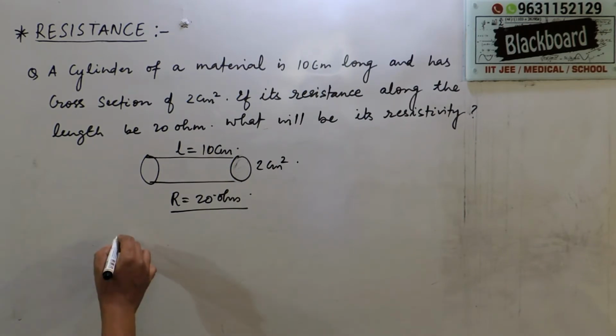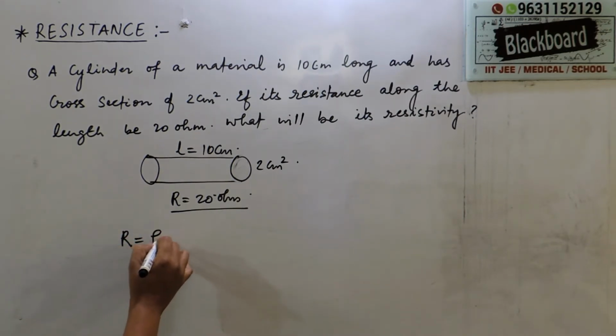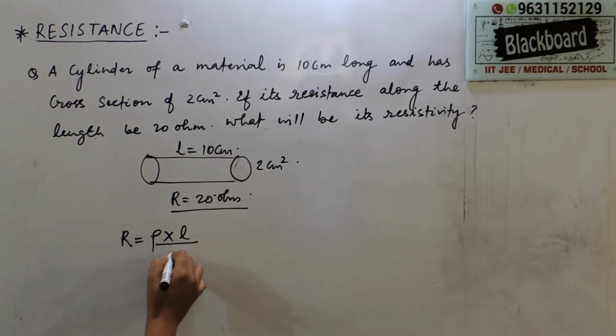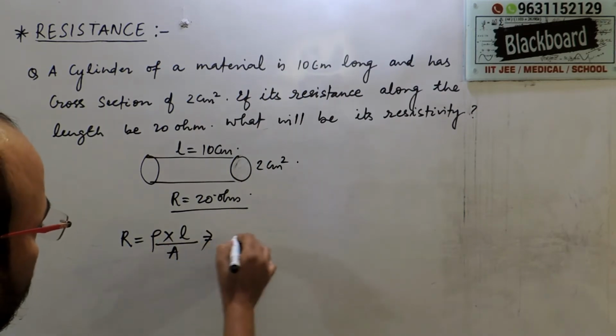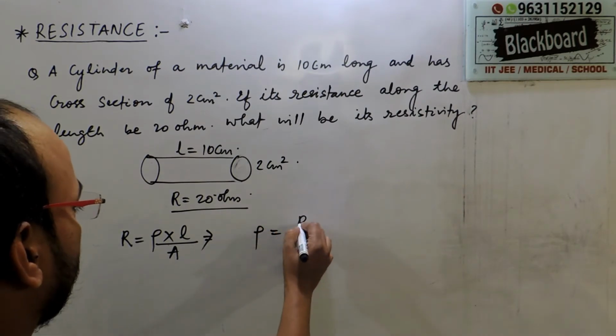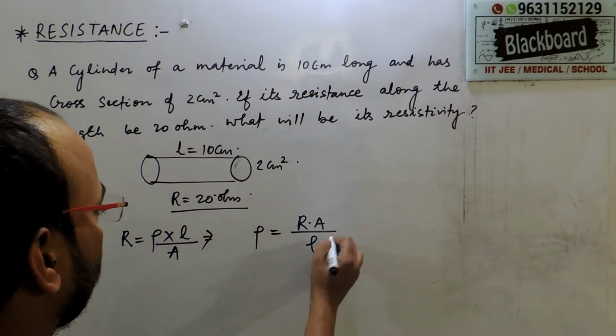You know the formula for resistivity is R equals rho into L by A. Now put the values here, you can arrange this formula, you will get rho equals R into A by L.